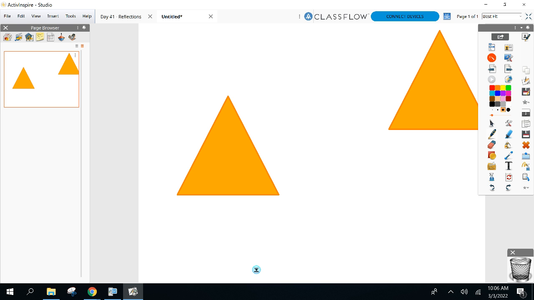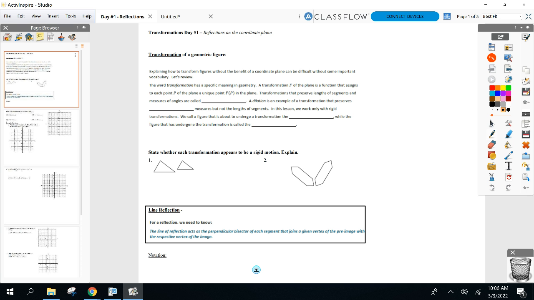After I'm done, if the segment lengths and the angle measures of these two figures are the same, same side length and same angle measure, we're going to start referring to that as a rigid motion. So anytime I do something to a figure and the length of the sides and the angle measurements don't change, we're going to say, hey, you performed a rigid motion.